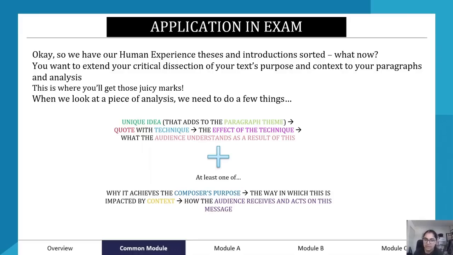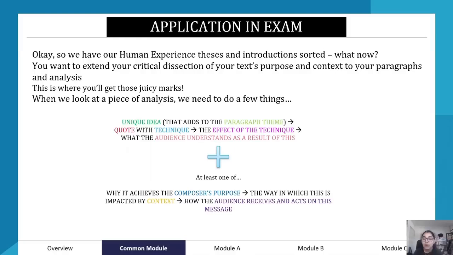And when we look at a piece of analysis, we want to do a couple of things. Now, this is a little formula. This is not set in stone, but this was created by one of our amazing tutors, and it's really good in highlighting the key areas that you want to focus on within the paragraph. So we're going to start off with a unique idea, which is adding to the paragraph theme.